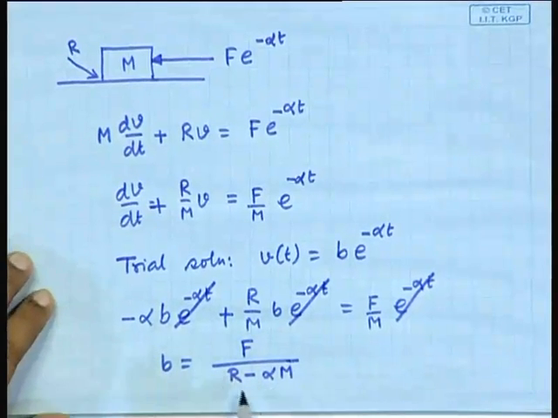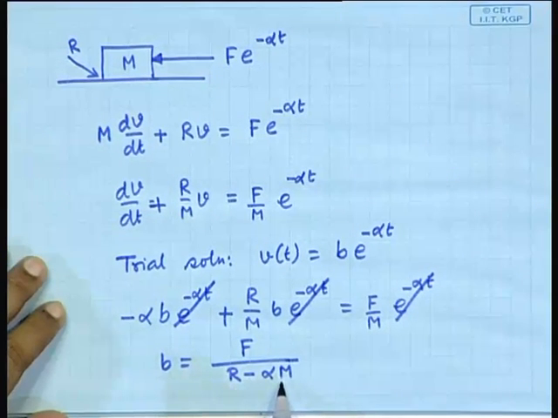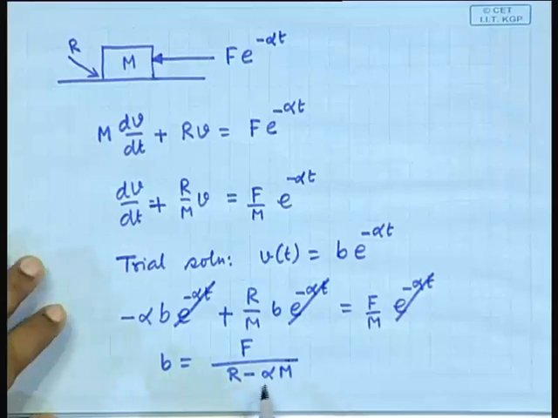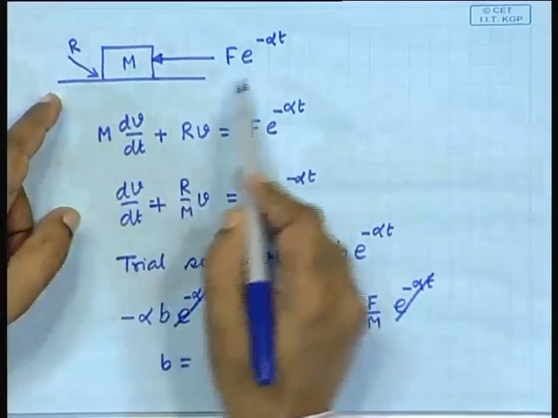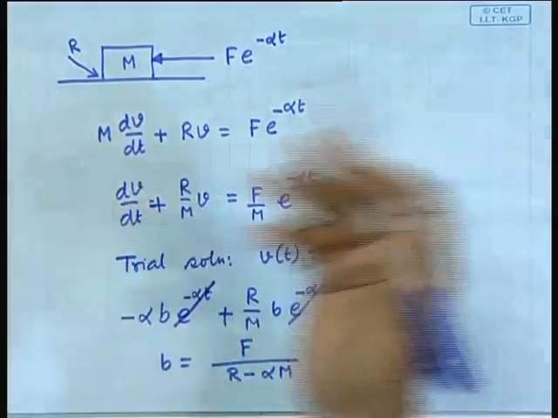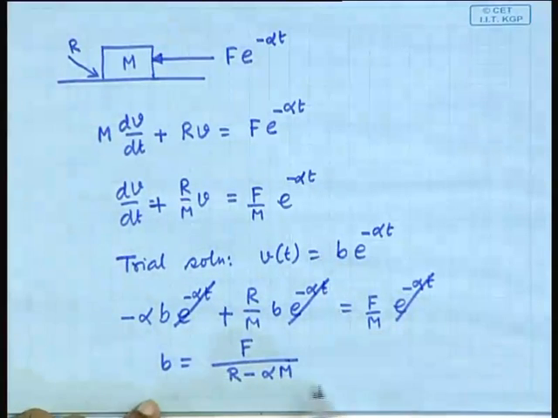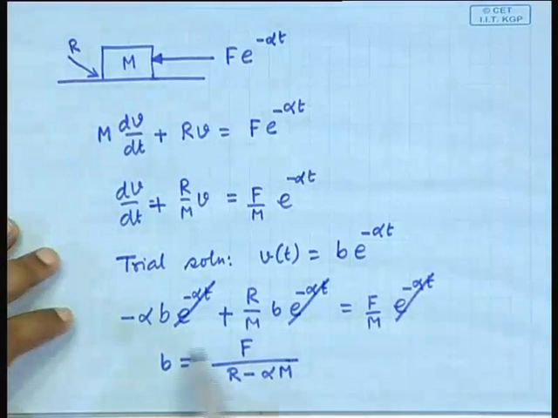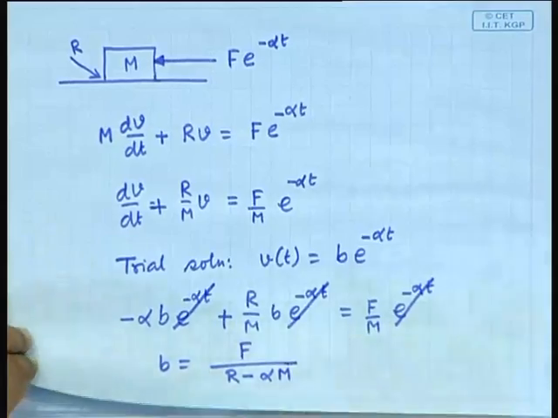By the way, notice that this will be true only if r is not equal to alpha m. If these are simple parameters of this equation, this could be equal. So, this whole solution will be valid only when r is not equal to alpha m.